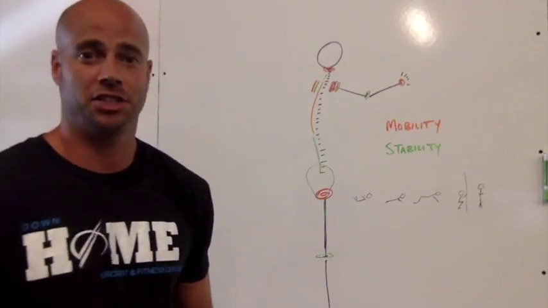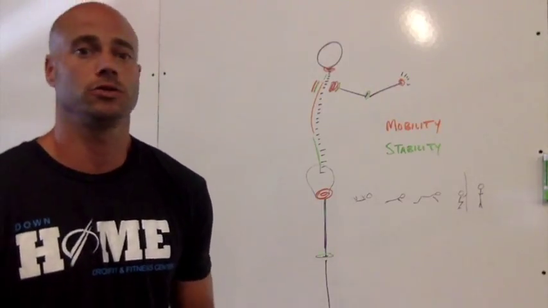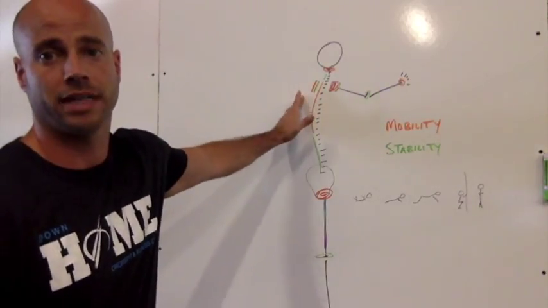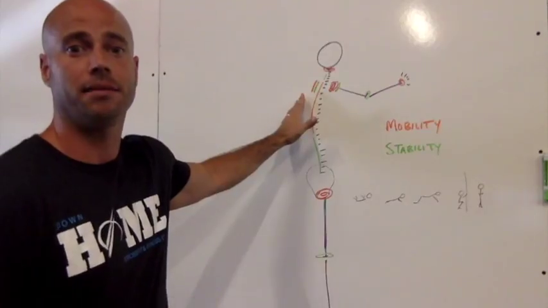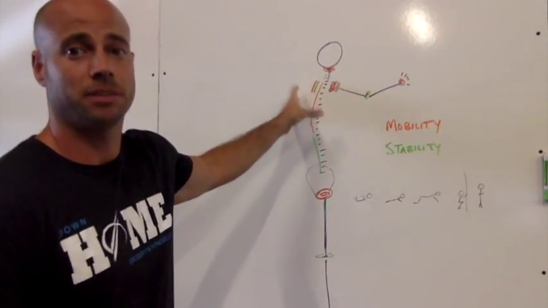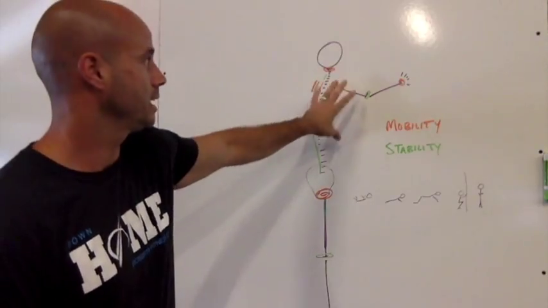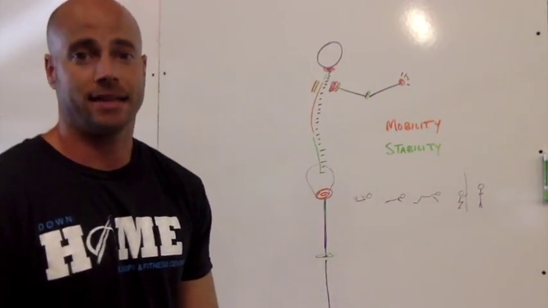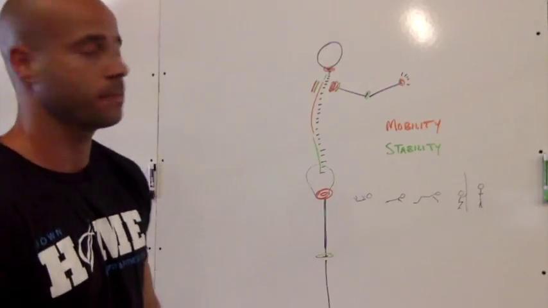It's just connective tissue and muscles that hold your shoulder in place. Same can be said for your shoulder blades. They should be able to slide and glide and move, upward and downward rotation, but they also need some stability because they are really controlling what happens at that shoulder joint itself.